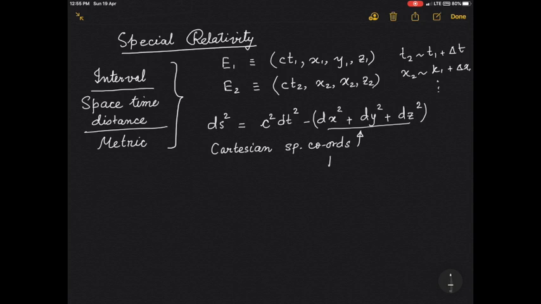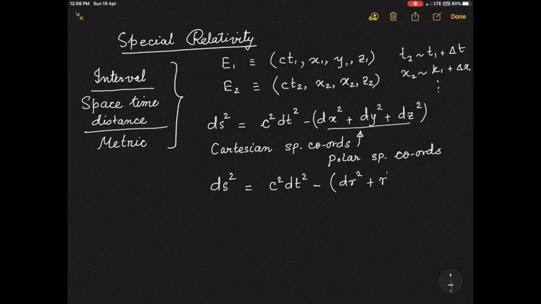If I write the same thing in polar spatial coordinates, the interval will look like ds square equals c square dt square minus dr square plus r square d theta square plus r square sine square theta d phi square.